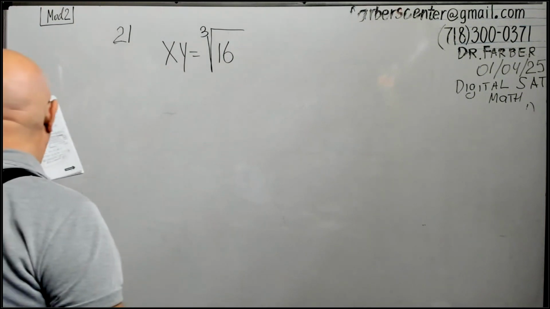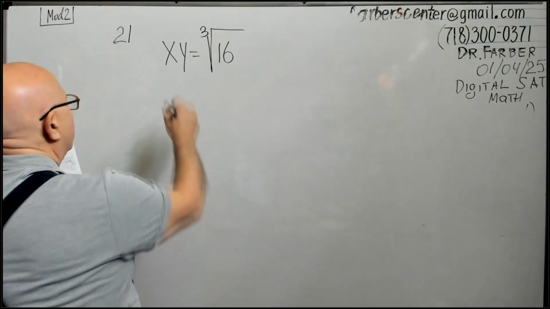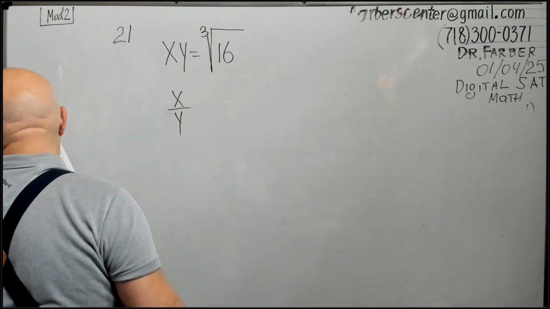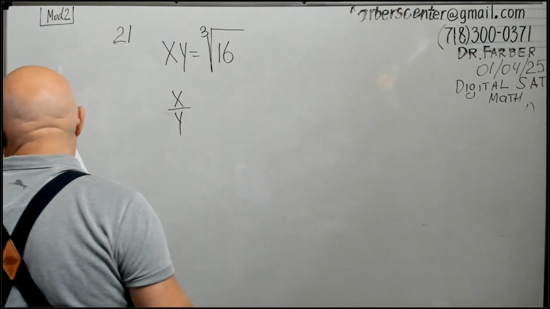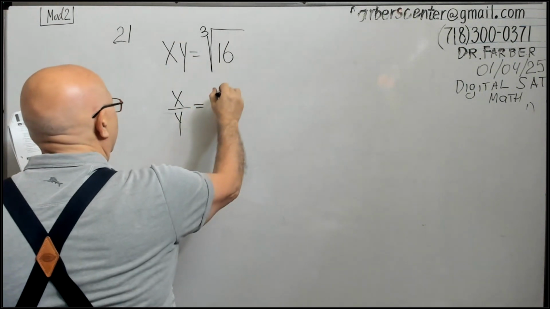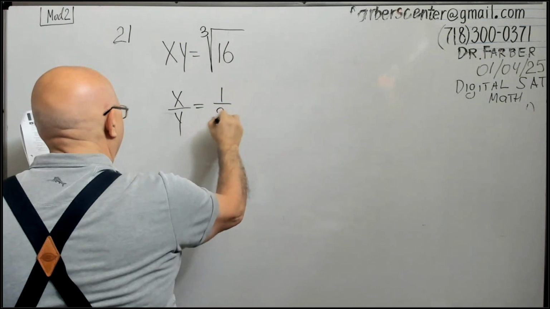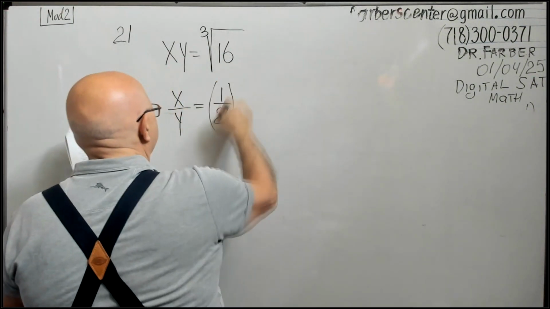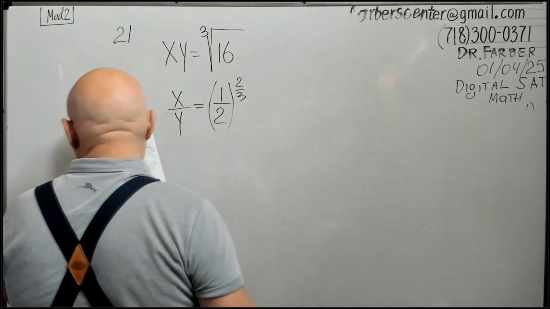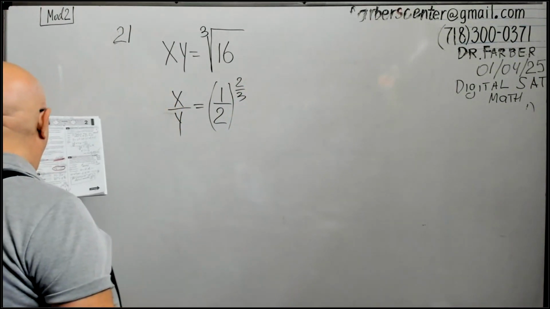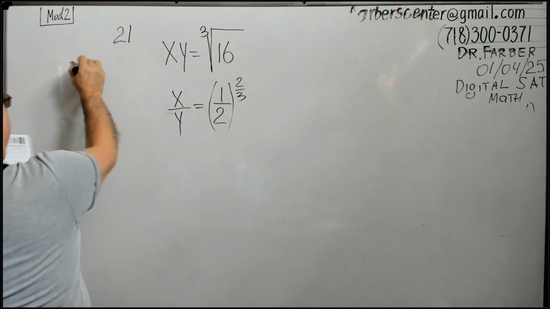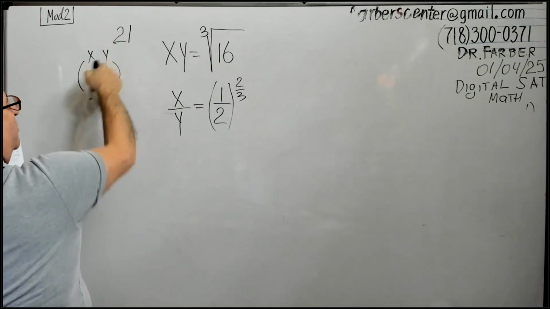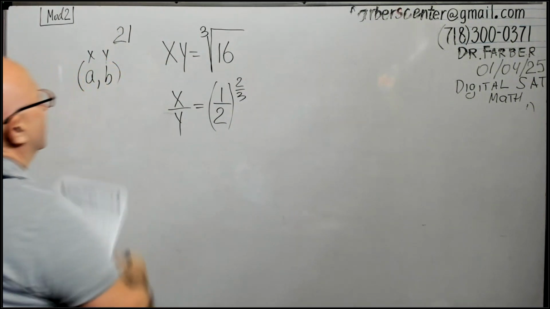And x over y equals 1 over 2 to power, I believe, 2 over 3. What is the value of, and you have point AB. AB, this ordered pair x, y, so you have to find y here. So far, so good.